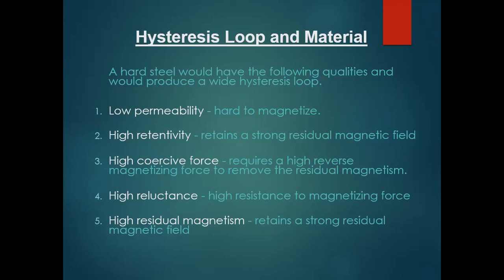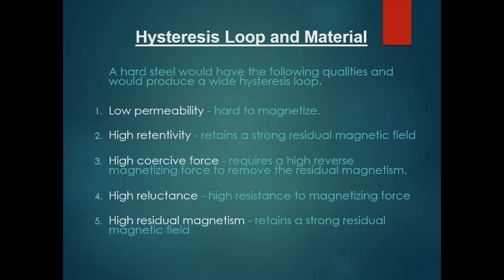If the material is hard, in the sense of hard to magnetize, that means low permeability. If permeability is low, it takes more time for magnetization, even when the magnetic field is less. And once magnetized, it will retain the magnetism for a long time. That's why retentivity is high. If permeability is low, then retentivity is high. High retentivity means it will preserve more residual magnetic field, and if you want to remove that residual field, we have to apply more reverse magnetizing force.